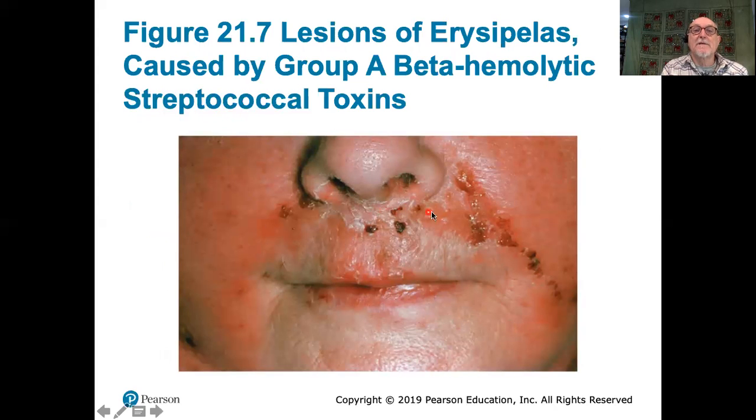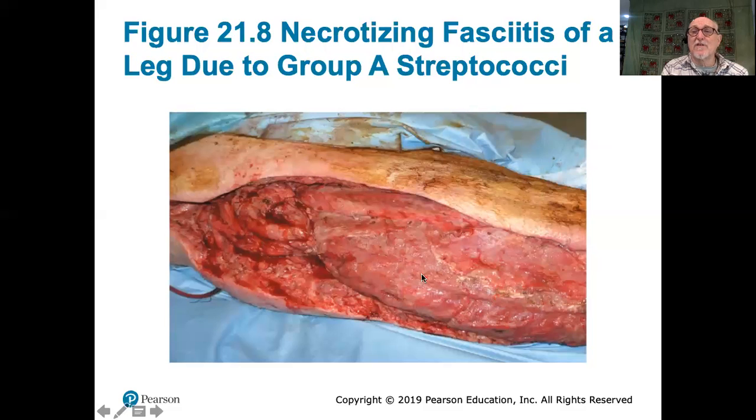So this is erysipelas caused by a beta hemolytic streptococcal strain. This is relatively mild, but you can see exfoliation and the inflammation caused by the bacterium. This, unfortunately, is flesh-eating bacteria, and this is fairly typical because of the powerful hyaluronidase enzymes that can be produced by the streptococcus.